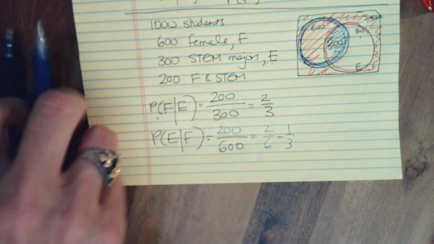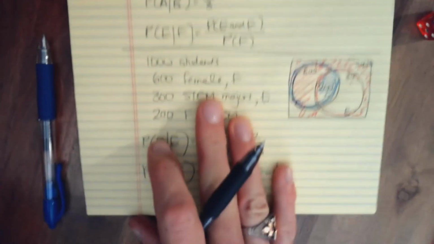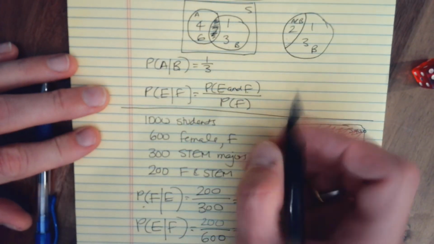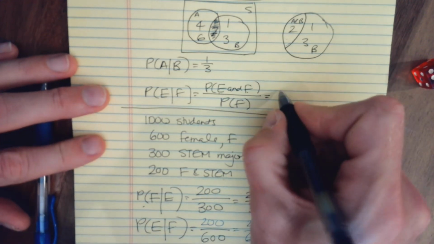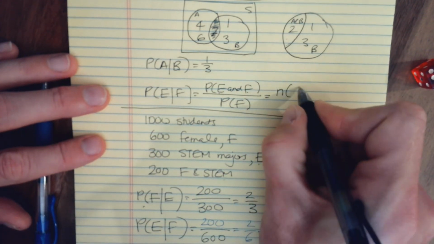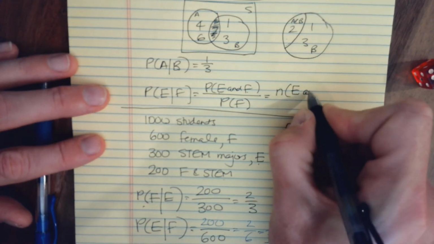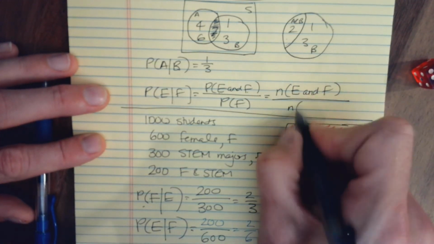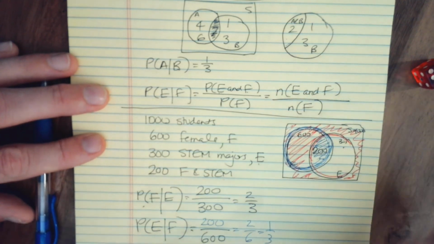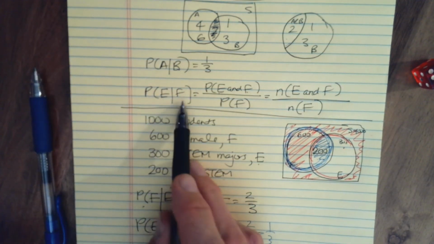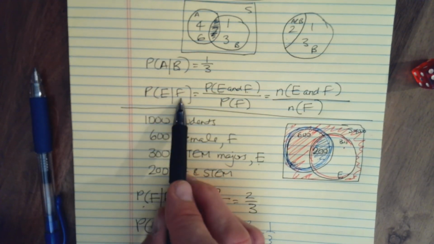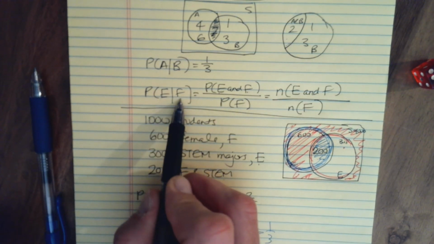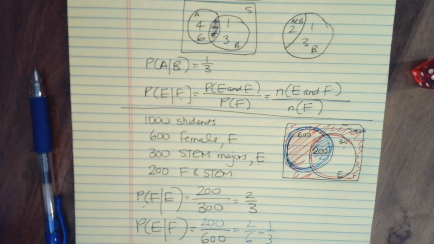I also want to add something to our way of calculating. Notice that in practice, sometimes I'm actually using a count. So we could also write this as the count of elements in E and F over the count of elements that are just in F. And E and F are arbitrary, so if you reverse the order, it would just change the denominator. If I said F given E, there would be an E in the denominator here.